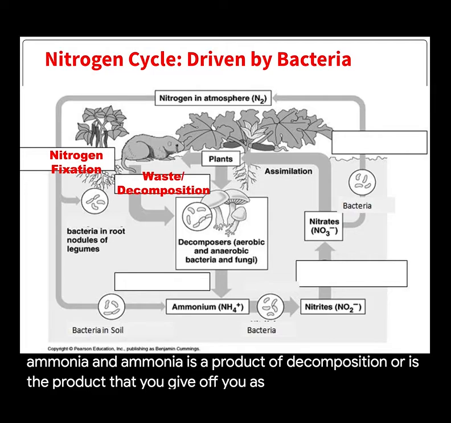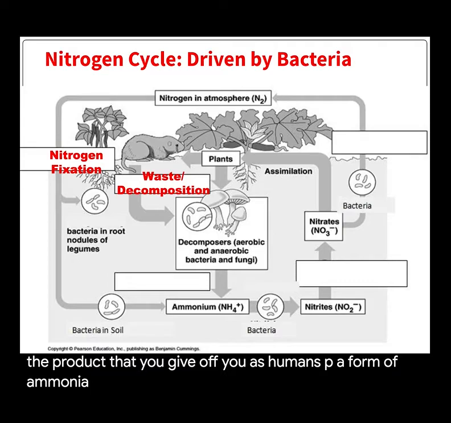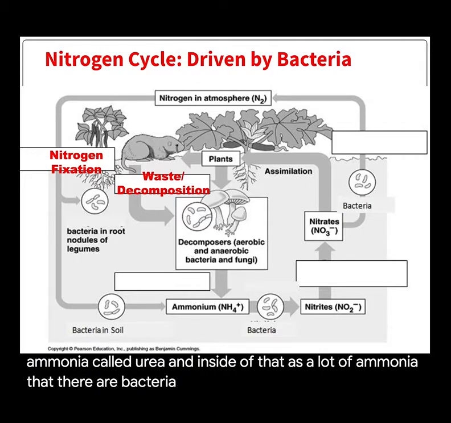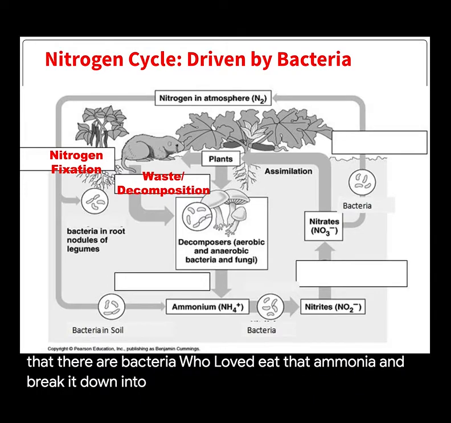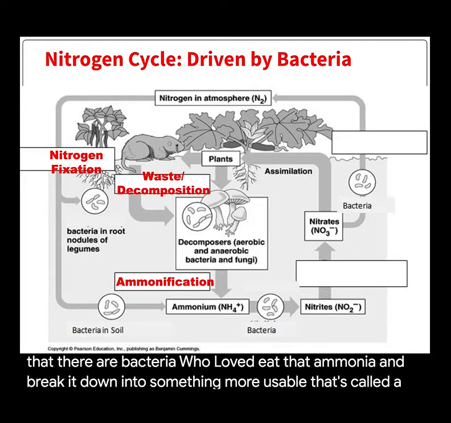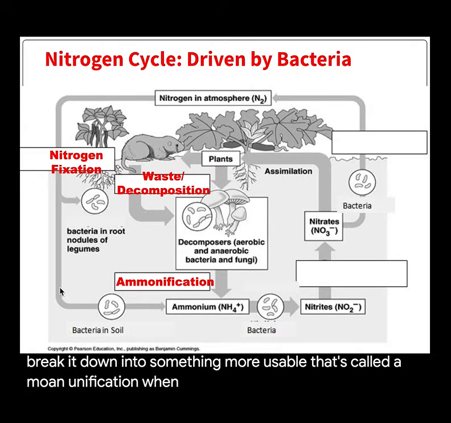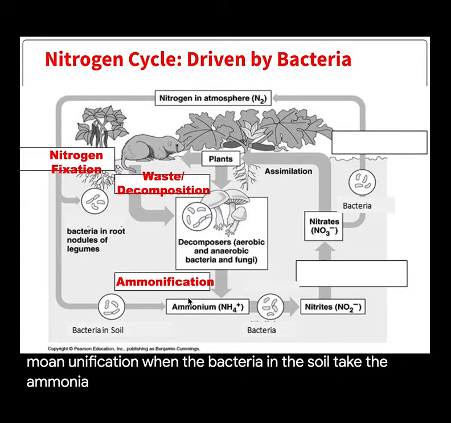You, as humans, pee a form of ammonia called urea. Inside of that is a lot of ammonia, and there are bacteria who love to eat that ammonia and break it down into something more usable. That's called ammonification: when the bacteria in the soil take the nitrogen and turn it into ammonia.